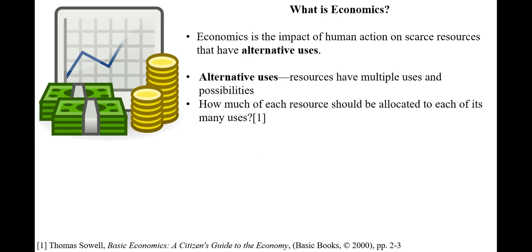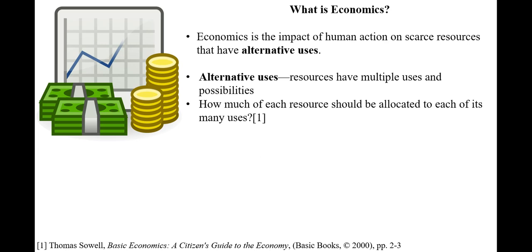So should just equal parts of each alternative be produced? How do we figure out? Economics has to deal with a near impossible question of how much of each resource should be allocated to each of its many uses. There's a lot of potential, and a lot of that potential can be realized with something like milk, and I've just mentioned four things.